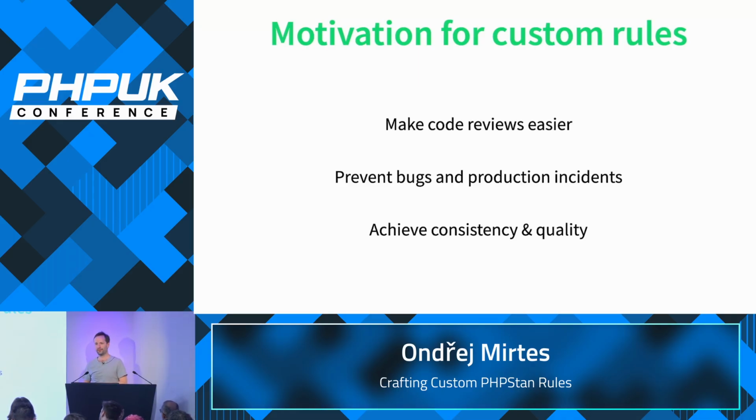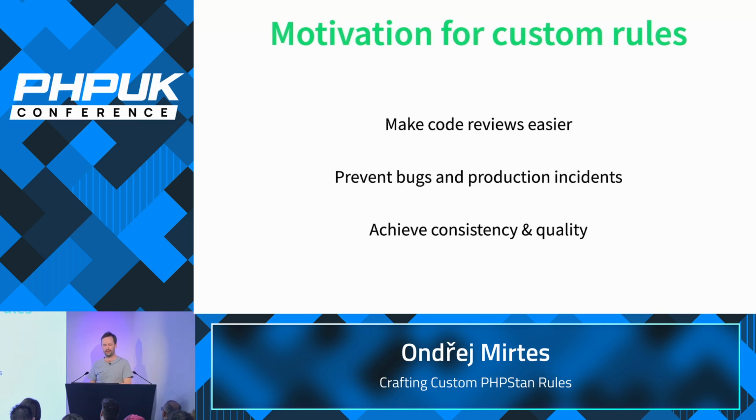So CI is going to point out all these mistakes that are covered with automated checks. And when the code reaches a human reviewer, it's already going to be free of these mistakes. So that's the idea behind custom rules.